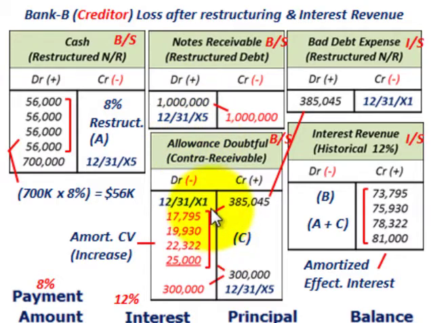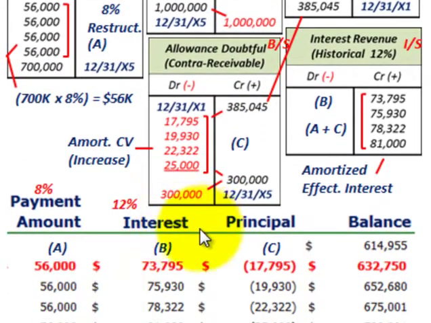And then as time passes, we can go down and look at our amortization schedule. So for our allowance for doubtful accounts, this contra receivable, we would debit or reduce it by the principal amount it's showing here, $17,795 for the first year, up to $25,000 for the fourth year, where we're increasing our principal amount.